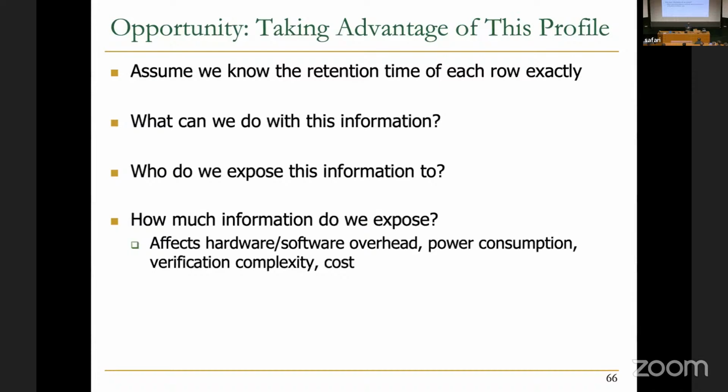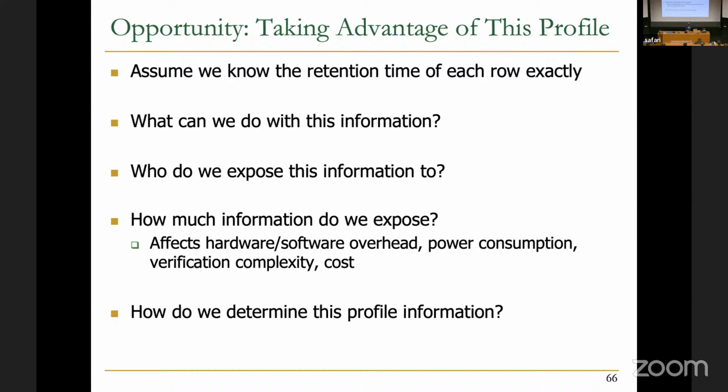This is important because the more information you expose from the DRAM chip to the other layers in the stack, the more complexity you need in that communication. It affects the hardware, software, overhead, power consumption, verification complexity, and cost. And how do we determine the profile information? These are all questions when you try to implement something to leverage this heterogeneity.